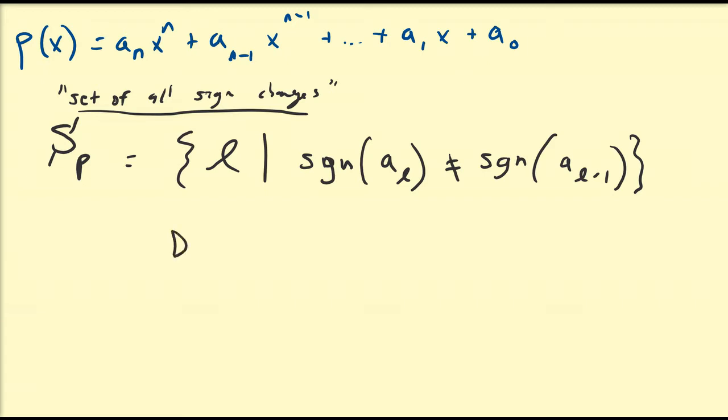And we're going to define K to be the number of sign changes for this polynomial. As we discussed in the last video, based on this number K, we can determine the possible number of positive real zeros this polynomial has, and we're going to extend that to the negative side in this video.